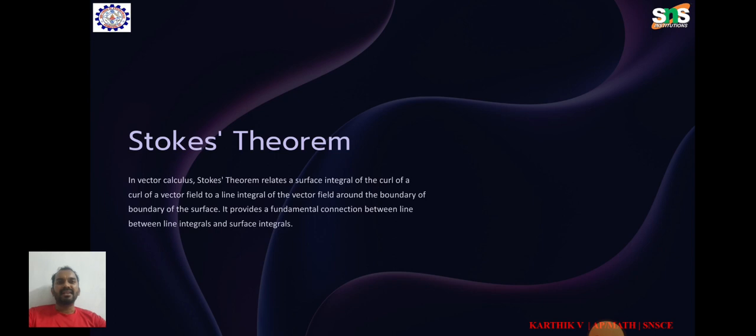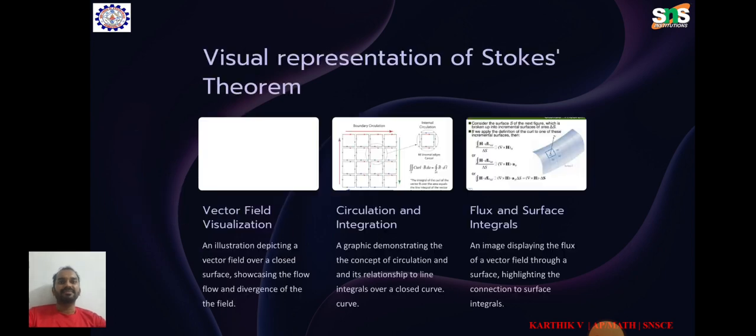Double integral of del cross F dot dS equals the line integral of F dot dr, where S is a smooth oriented surface in three-dimensional space, C is the boundary curve of the surface S, F is the vector field over a region containing S, del cross F is the curl, dS is a vector element of surface area on S, and dr is a vector element of arc length along C.